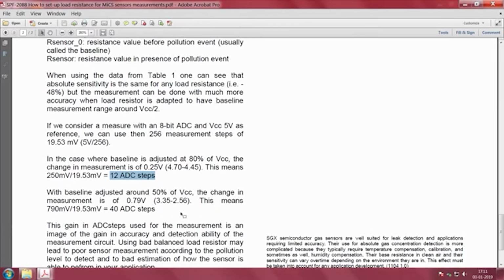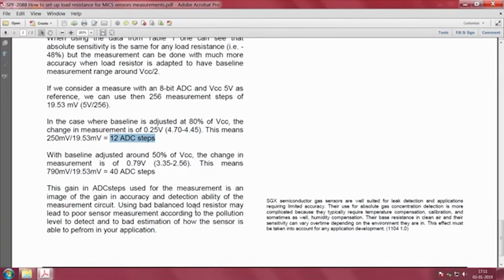So your accuracies are different depending on where you put this baseline point. Essentially the whole explanation is about that. So this gain in ADC steps used for the measurement is an image of the gain in accuracy and detection ability of the measurement circuit.